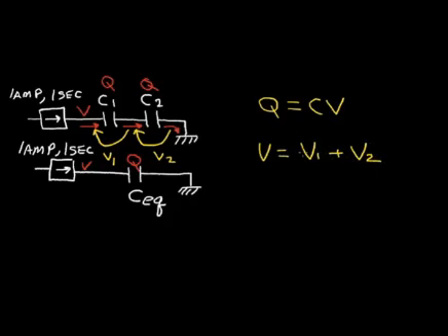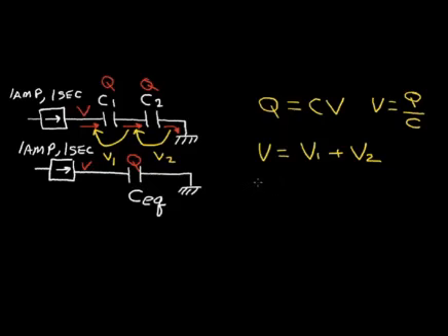We can solve the top equation for voltage. If we do that, we get voltage is equal to Q divided by capacitance. So let's replace V in this equation for the CEQ.